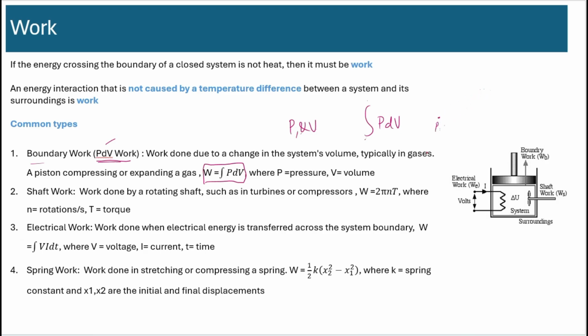It fully depends on the path that is taken. So it is also a path function, because this integral depends on the path that is taken and the type of relationship. And by path, I mean the type of relationship between P and V.